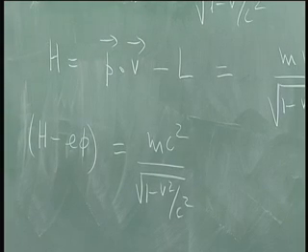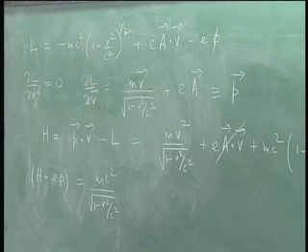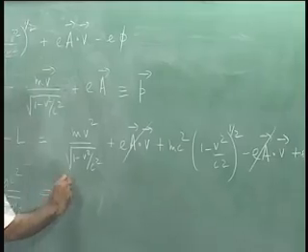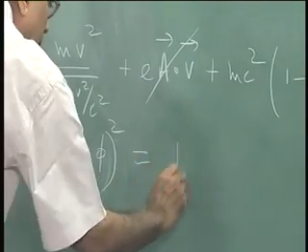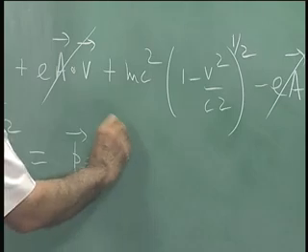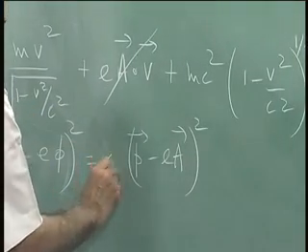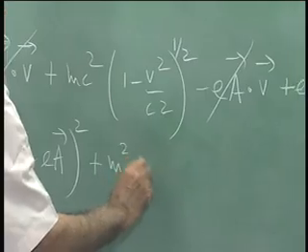Have I made a mistake? Okay, it looks it's all right, and this implies that H minus e phi whole squared is equal to P minus eA whole squared, then multiply by c squared times this plus m squared c^4.